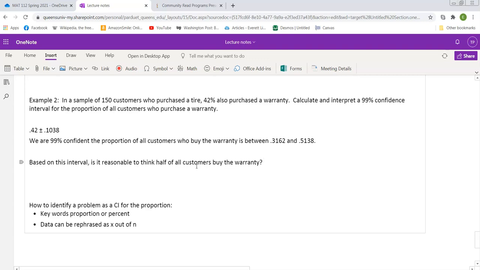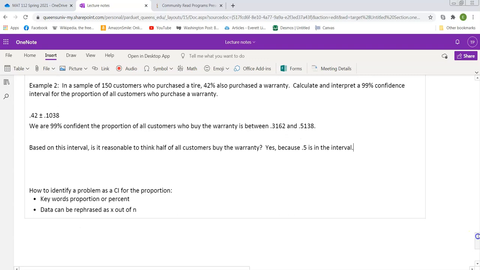And the answer here is, if you look in your interval, 50%, half, 0.5 is in that interval. Therefore, that's a plausible value for the population proportion. So you would say yes, because 0.5 is inside the interval. All right, so that's all you have to do on those problems.